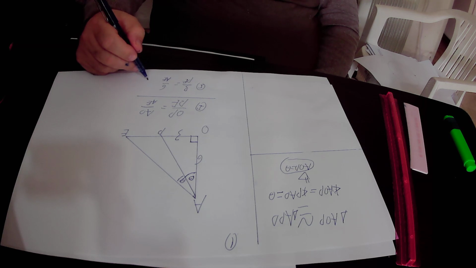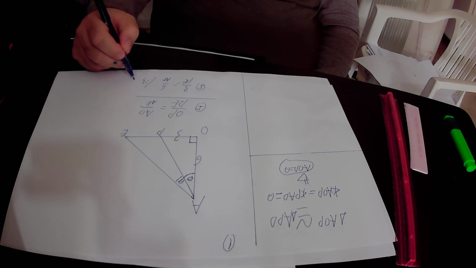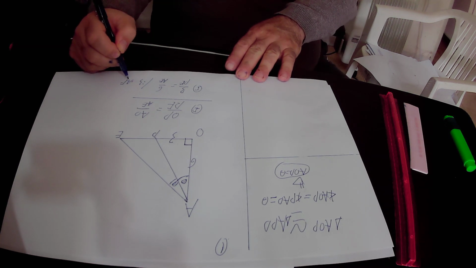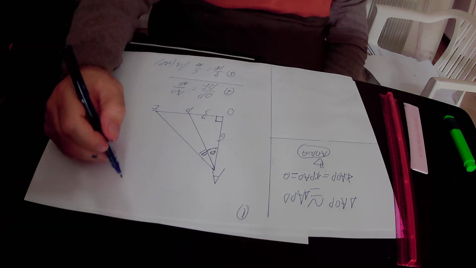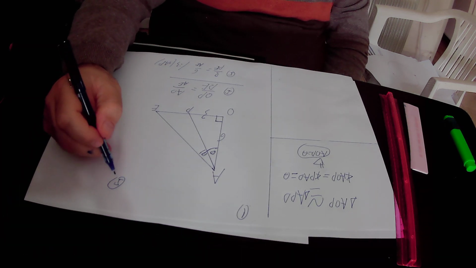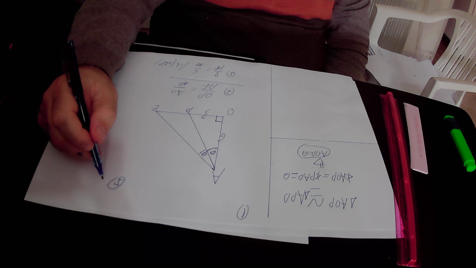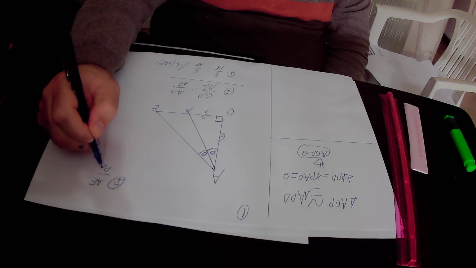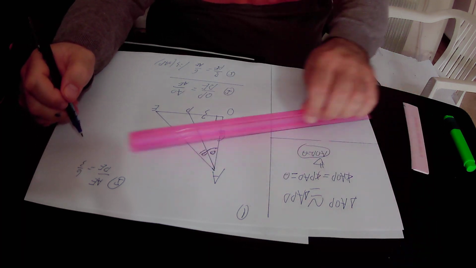We will divide equation number 1 by 3 and multiply it by AE, and we'll get that according to equation number 1, AE over PE equals 6 over 3. 6 over 3 is 2.